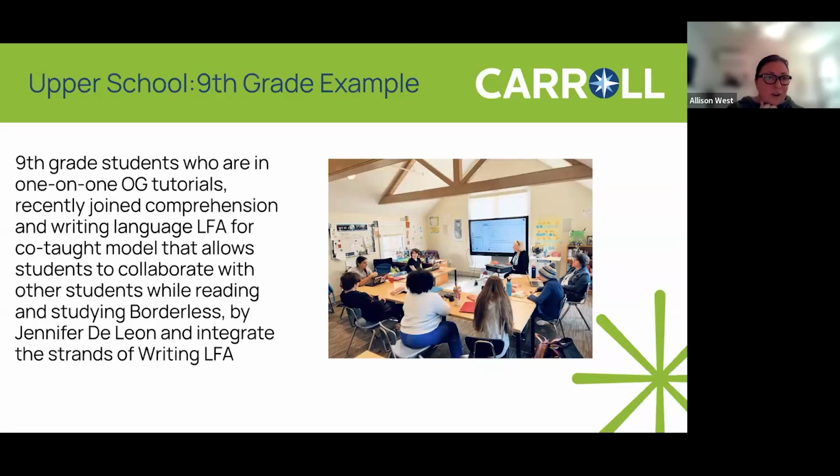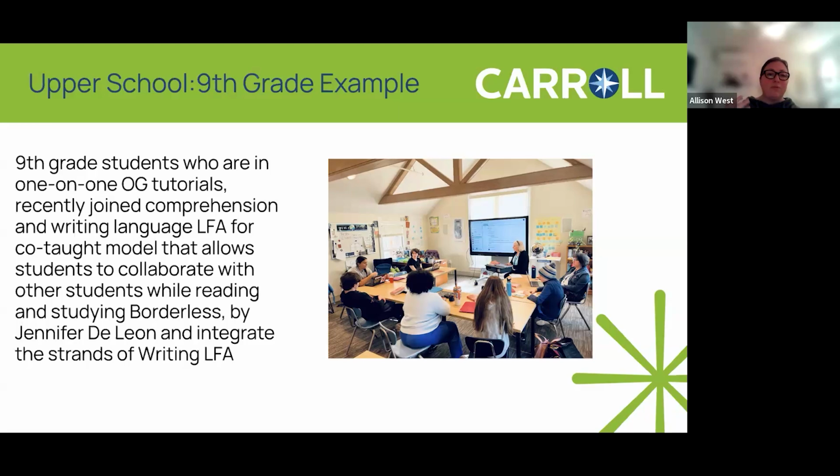So in 9th grade, the 9th grade students who are in a one-on-one OG tutorial, most recently they joined a comprehension and writing focus area, and they've been co-teaching this model, and it allows students to collaborate with other students. They are reading Borderless together, and they are integrating those strands of writing in LFA.